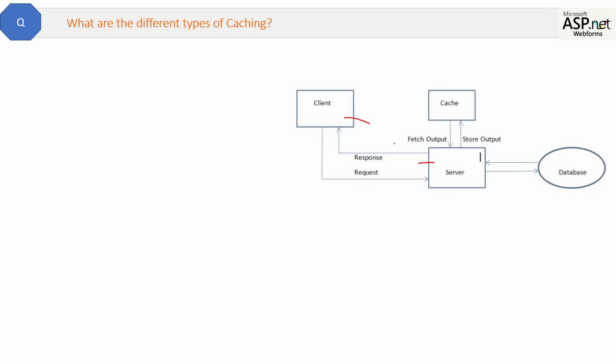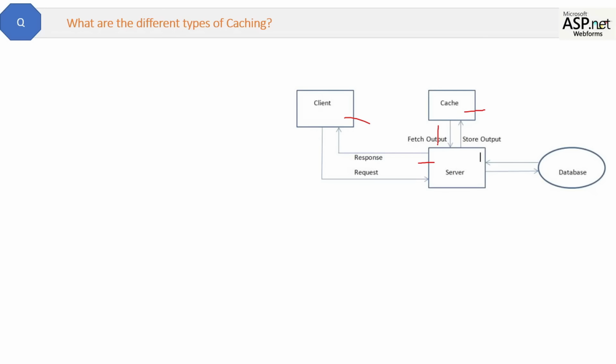So in order to improve the performance, the server will store these frequently used data in the cache, and next time the client requests the data, instead of going to the database, it will retrieve the data from the cache only. And since caches are small and on the same web server, they are very fast.